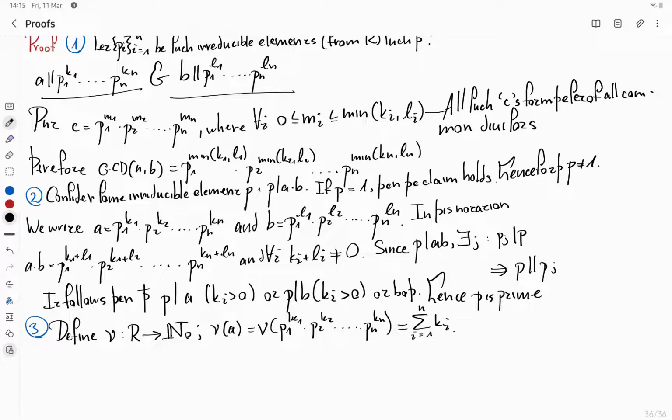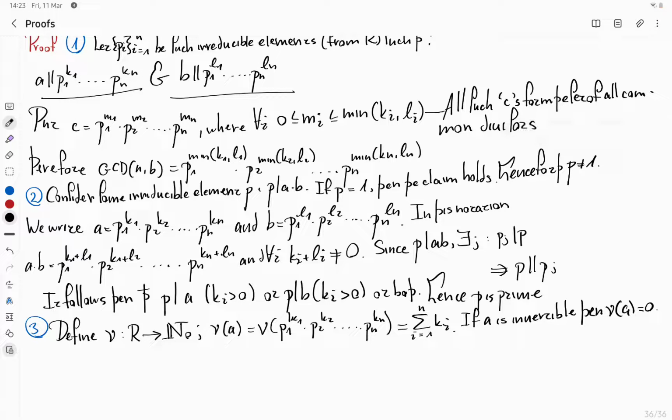If A is invertible, I think it's also called if A is a unit, then nu of A is 0. Now, we know that the factorizations are unique up to associatedness. So nu of A is well defined and will output an integer regardless of the factorization used.